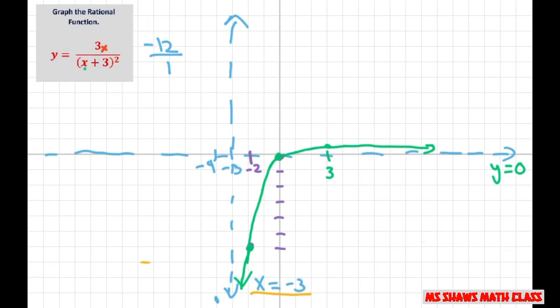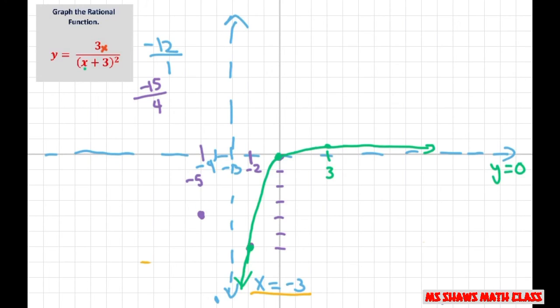Let's plug in -5. I get -15 divided by (-5 plus 3), which is -2 squared, which is 4. So that's almost to -4. That would be about right there.